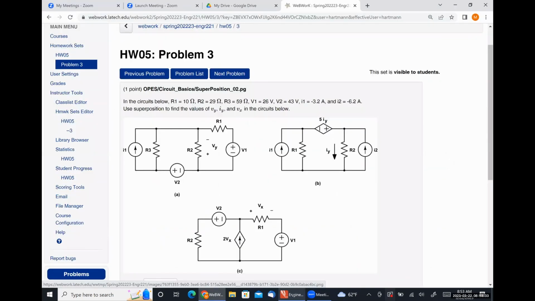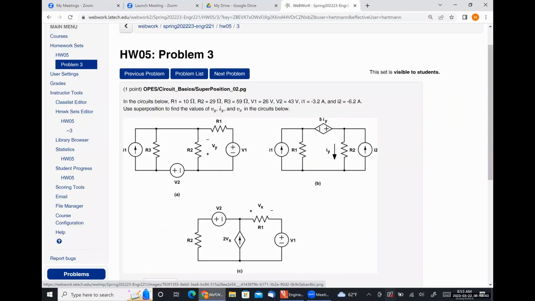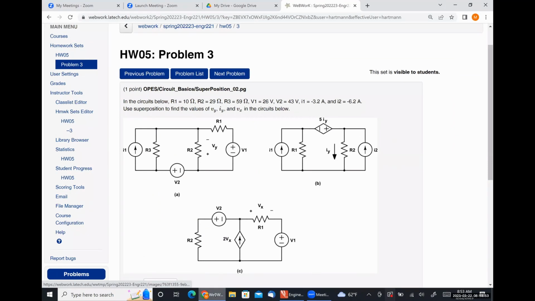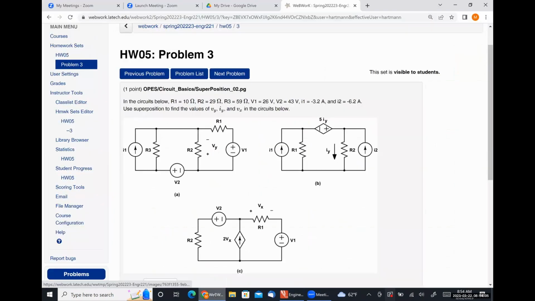So I have some resistance, R2, and for me, R2 is 29 ohms. Then I have a voltage V2, which is 43 volts, positive polarity on the left. Then I have a 2Vx source, direction up.